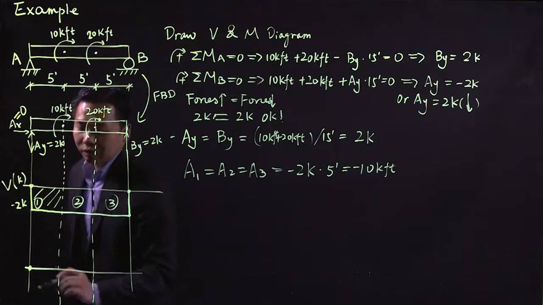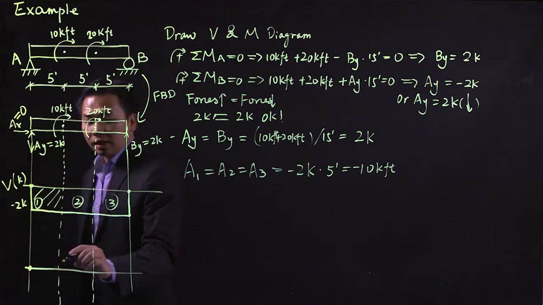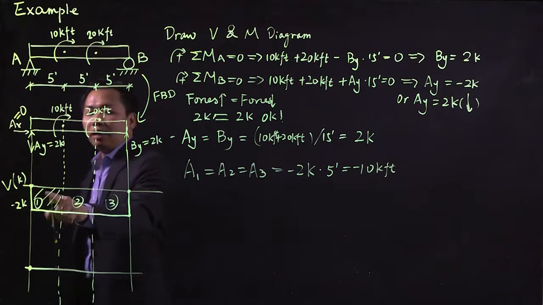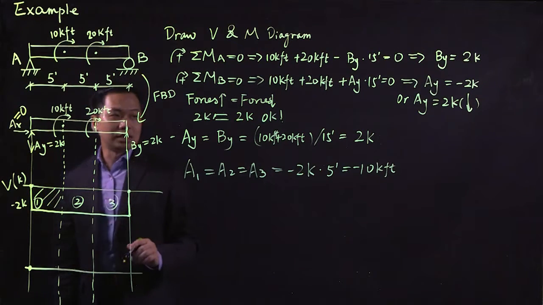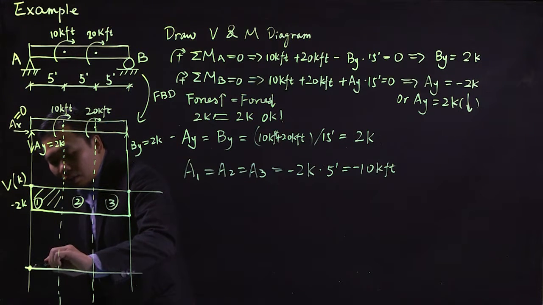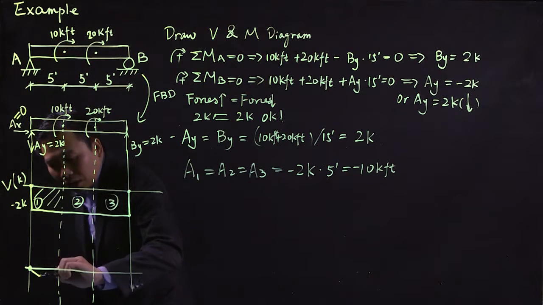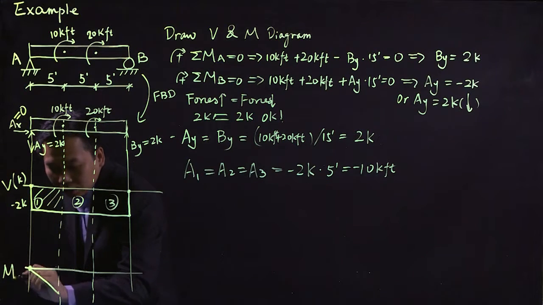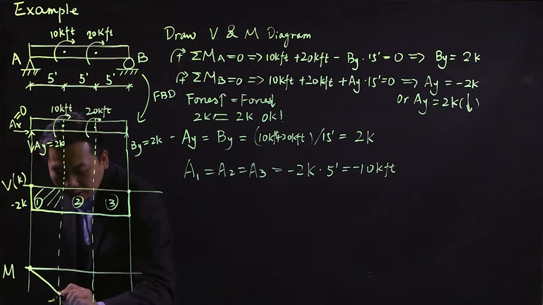The moment diagram starts from 0, and at the point right before the concentrated moment, the area of the shear diagram is -10 kip feet. Therefore, the moment diagram is going to drop down to -10.